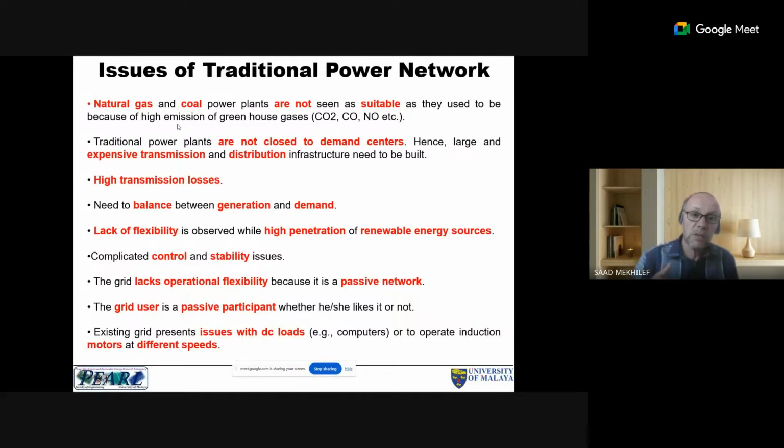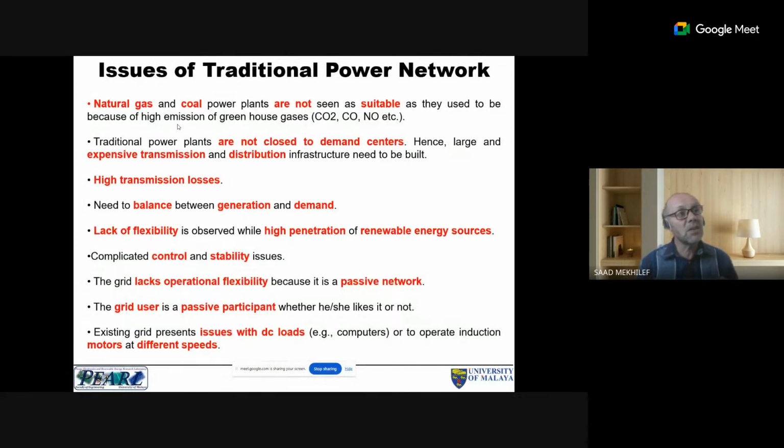We have seen a lot of floods, a lot of disasters happening, and that's all due to these emissions. We experience heat, we experience extreme temperatures. This is actually due to those emissions.